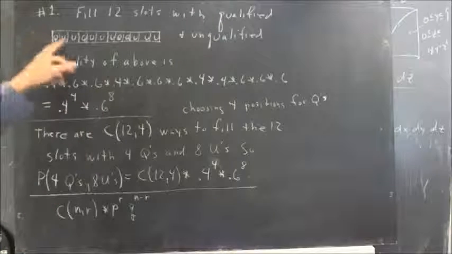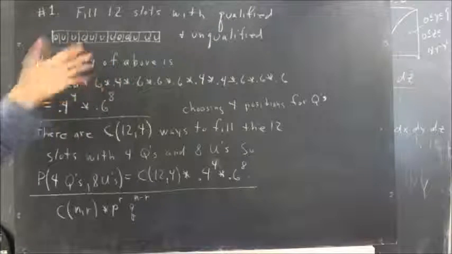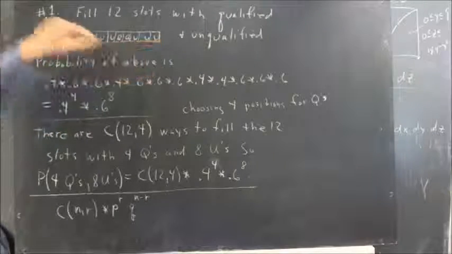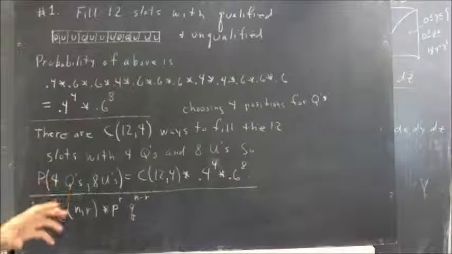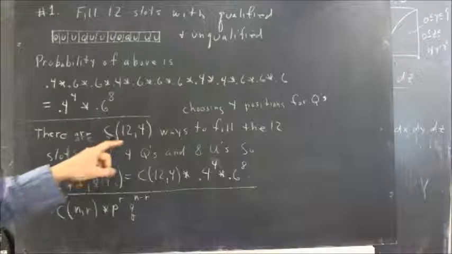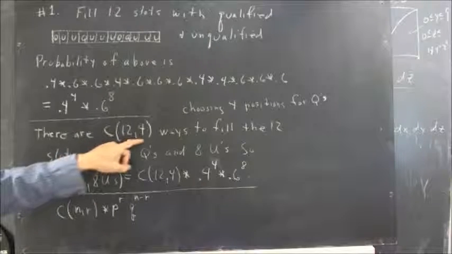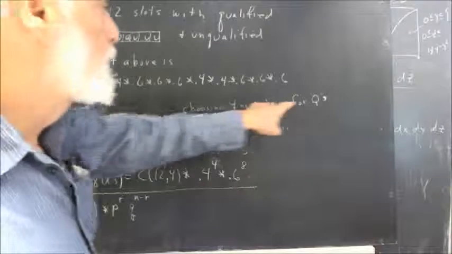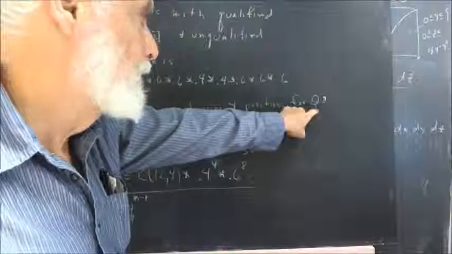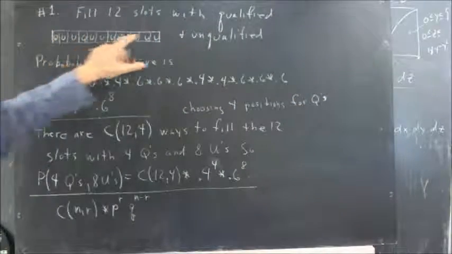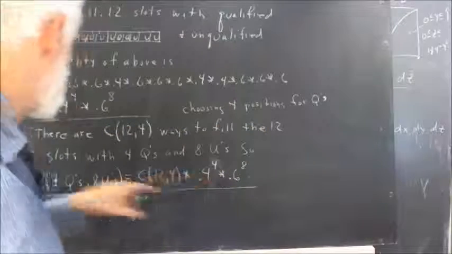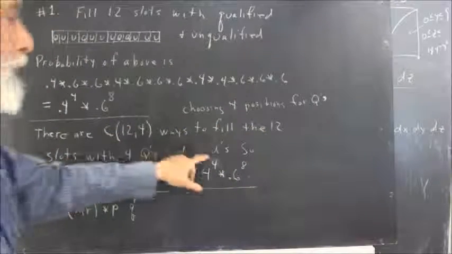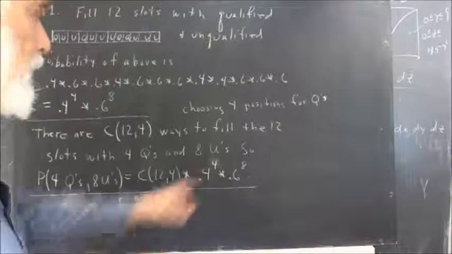We could have the qualified and unqualified in different positions among these 12, and from what we've seen earlier, there are C(12,4) ways to choose the 4 positions in which we put the qualified people. So there are this many ways to fill the 12 slots with 4 qualified and 8 unqualified.